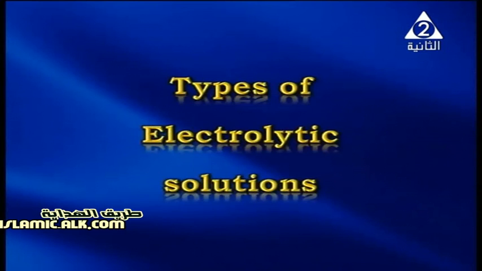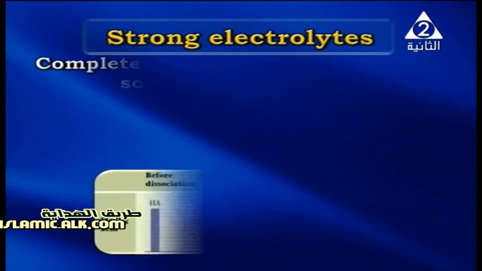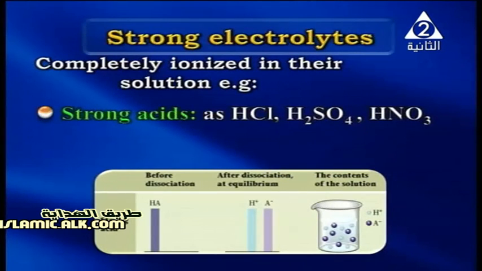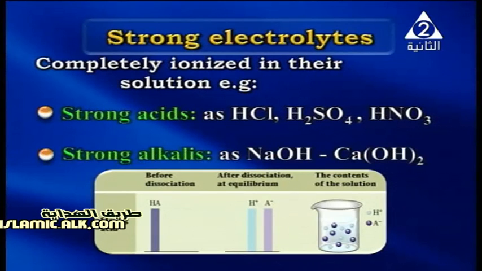So we have two types of electrolytic solution. Strong electrolytes, which are completely ionized in their solution, like strong acids such as hydrochloric acid, sulfuric acid and nitric acid, and strong alkalis like sodium hydroxide and calcium hydroxide.